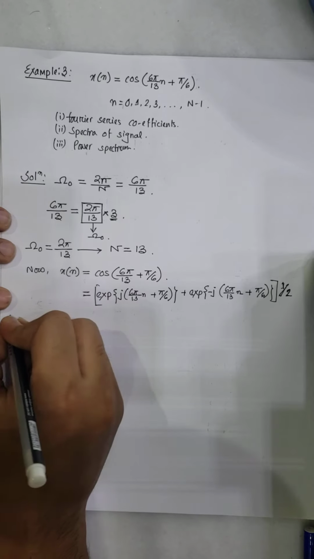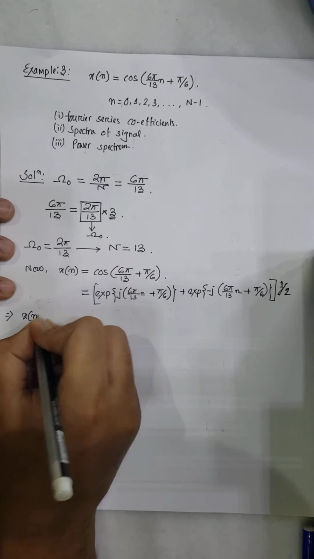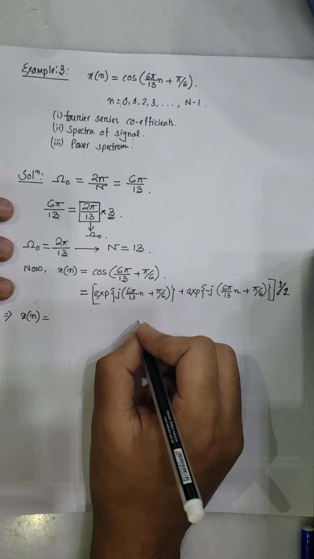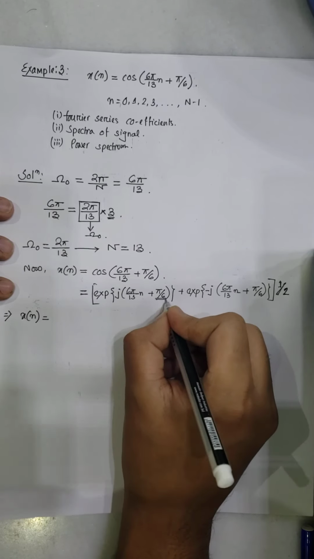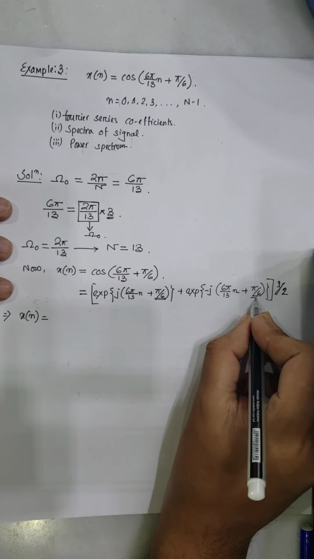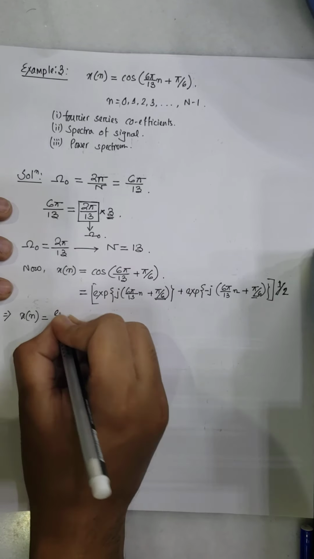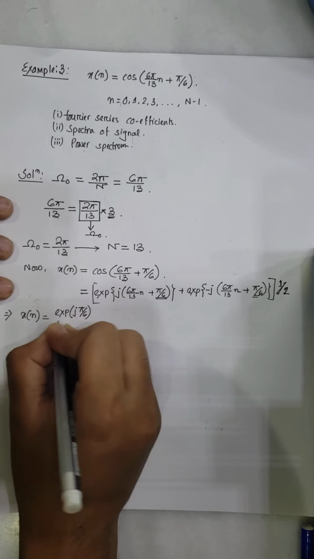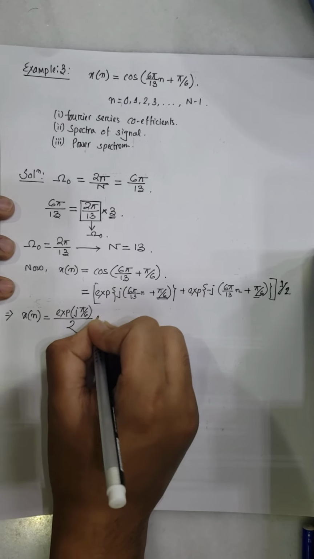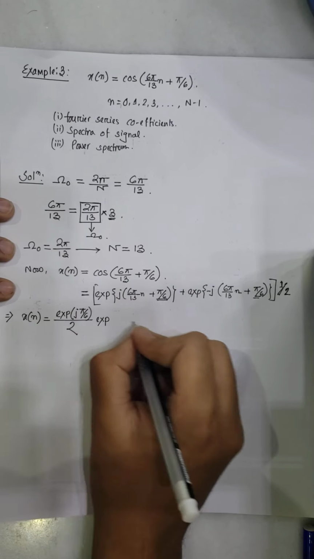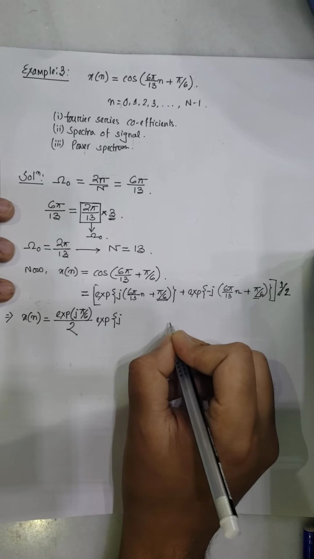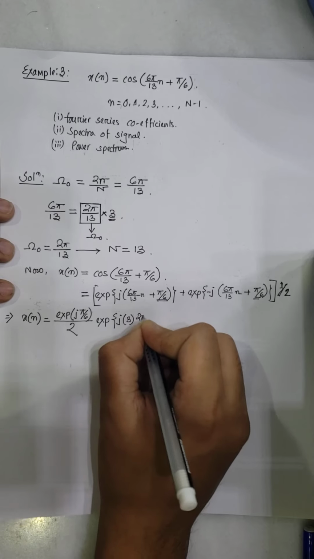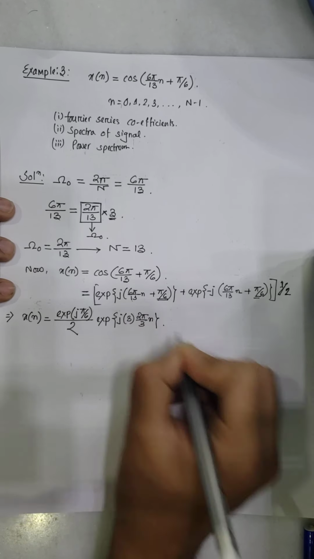So upon further expansion, x of n becomes this term. Here is a constant. So we can write it as e to the power j pi by 6 over 2 times e to the power j of 6 pi by 13 n, which can be written as 3 times twice pi over 13 times n.